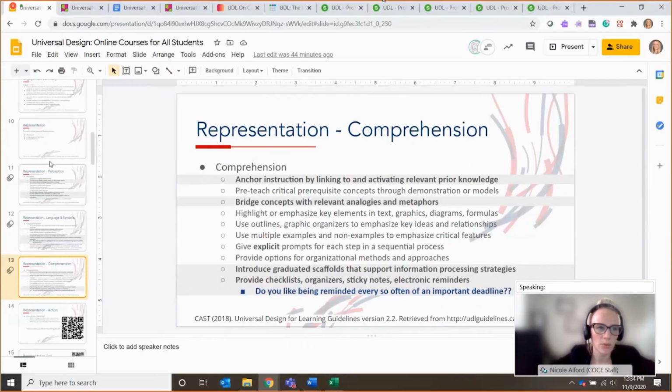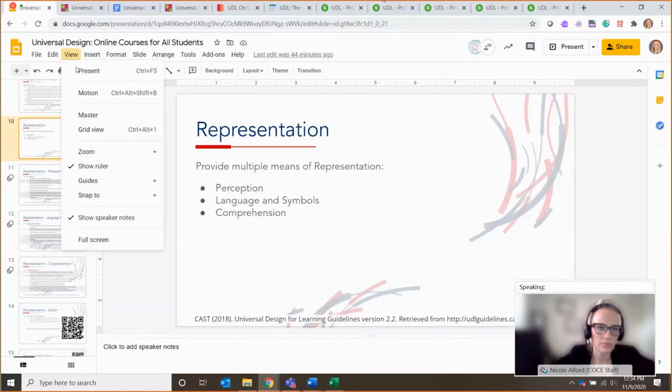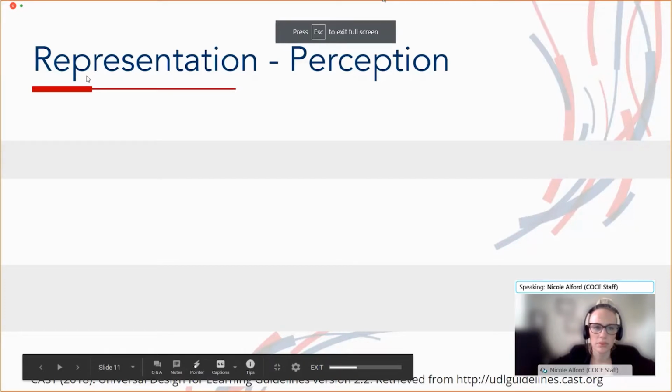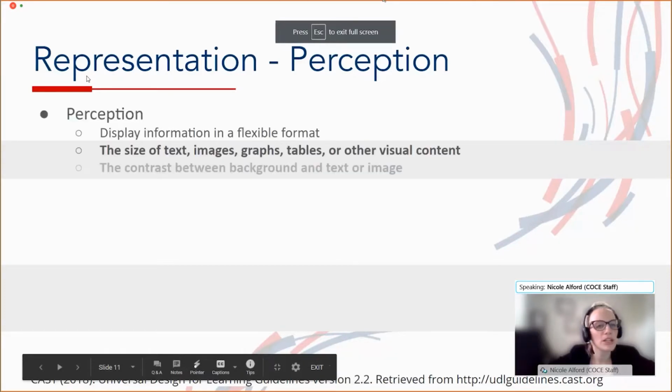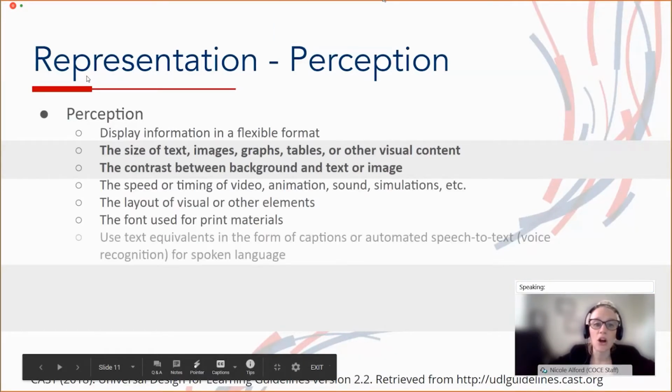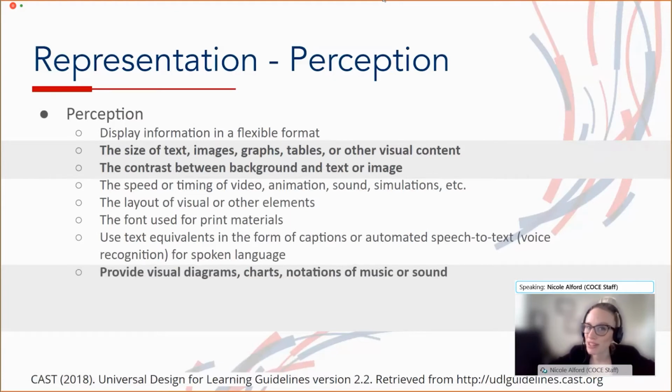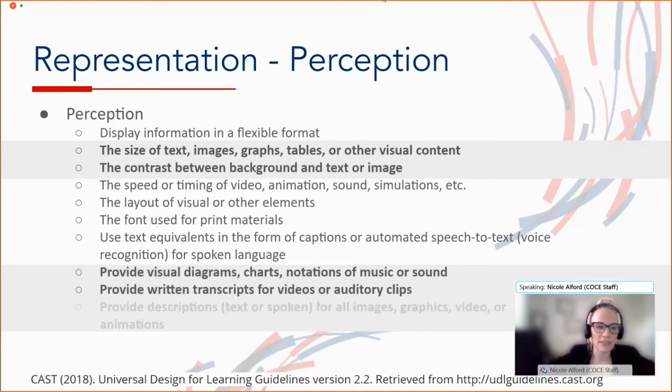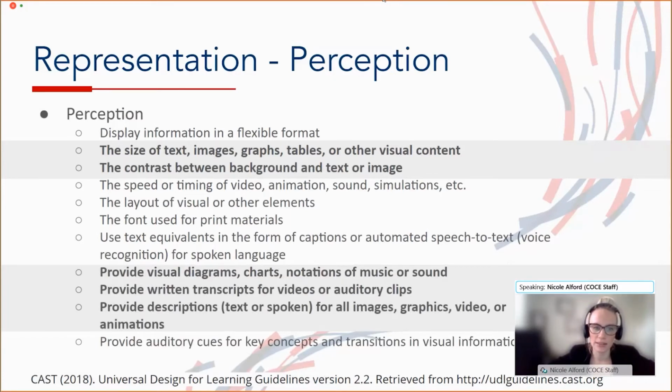I'm going to go back to the slides one more time, talking a little bit about how the information is displayed, having that alt text, if you can. Descriptive text is even better, which is awesome.